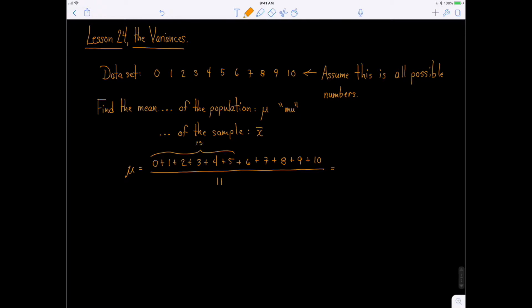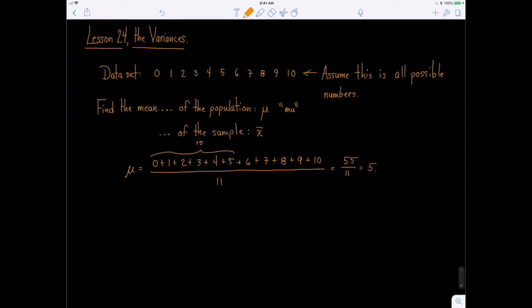Then 6 and 7 is 13, added to the 15 that's 28. Plus 8 more is 36. Plus 9 more is 45. Plus 10, that's 55. There we have it. 55 divided by 11. And so the mean mu is 5.